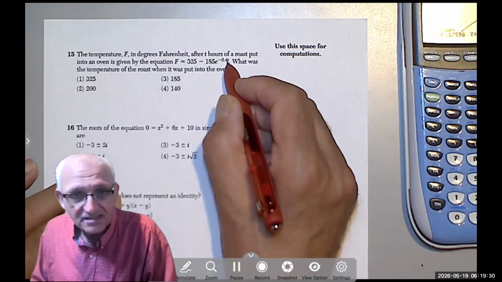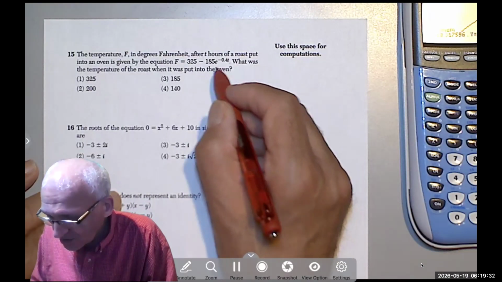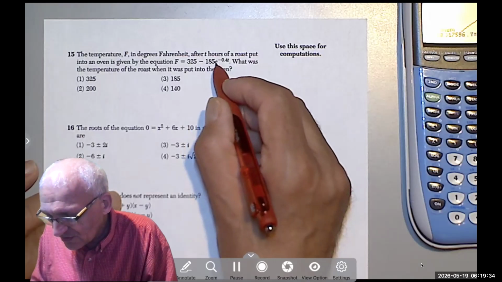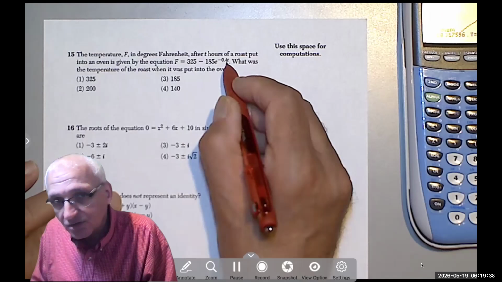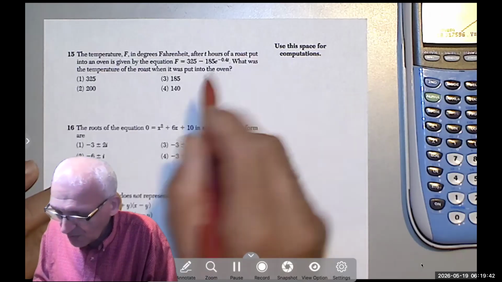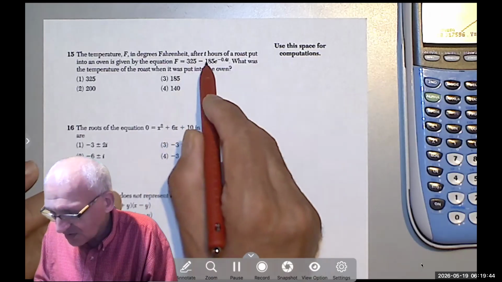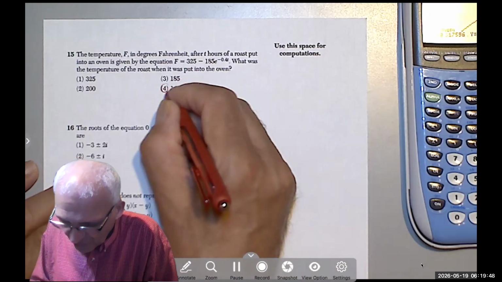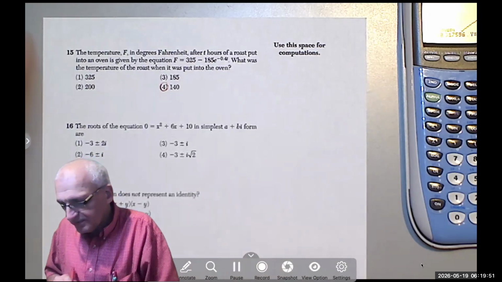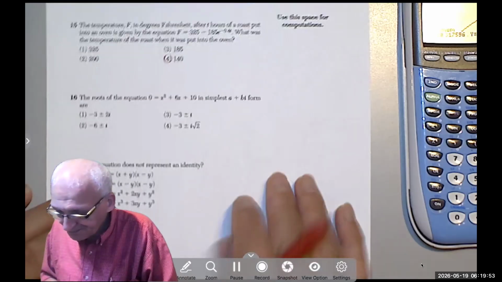When T is 0, 185 times e to the 0 is 185 times 1, not 0. E to the 0 is 1. Any number to the 0 is 1. So 325 minus 185 is 140, right? So the answer is 4, not 1. And I bet many will say 1.